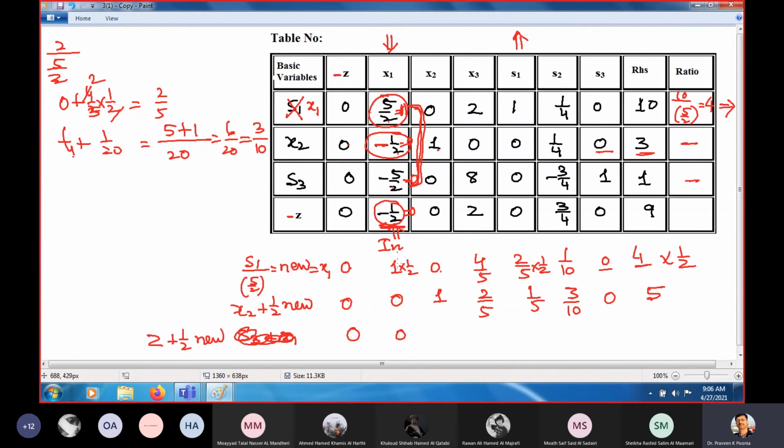It is minus 1 by 2. Here is 1. So you need to multiply by 1 by 2, and then minus 1 by 2 plus 1 by 2 is 0. So what is this? 0 plus 0, it is 0. Minus 1 by 2 plus 1 by 2 is 0.